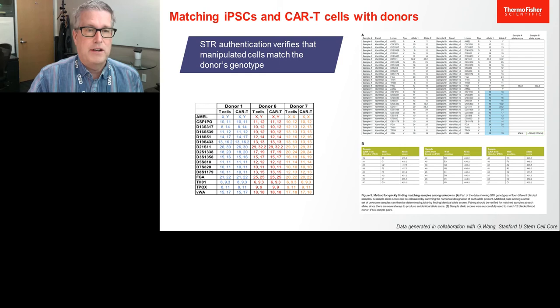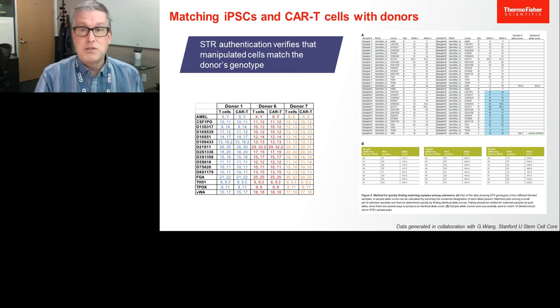They were manipulated ex-vivo, and then just to show that the ex-vivo manipulation did not change the characteristic of the CAR T cells, we matched the allelic profile using the identifier kit of these different donors, and showed that the CAR T cells matched up with the T cells that we got from the donors in the first place.